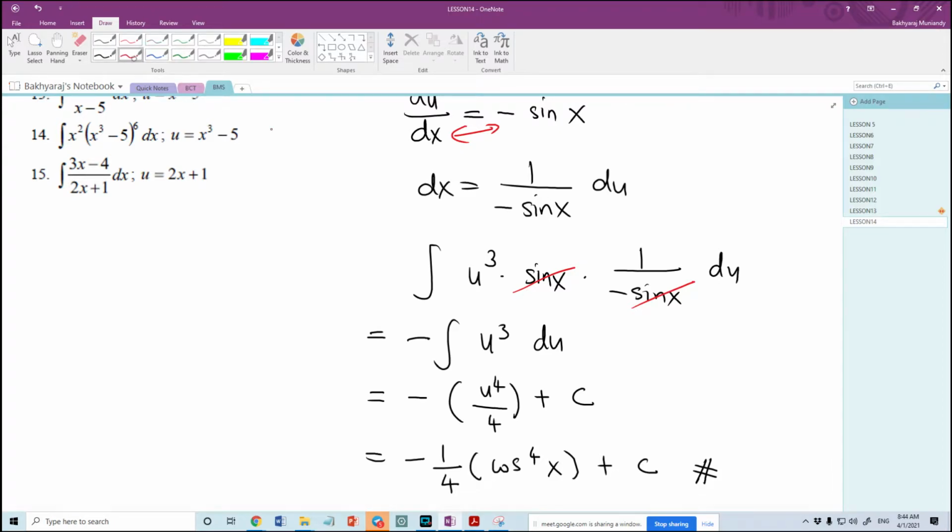Okay, u power of 4 means kita akan dapat cos power of 4 x plus c. Okay, so that is the last answer.